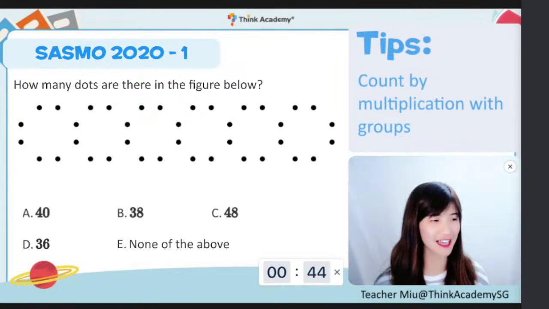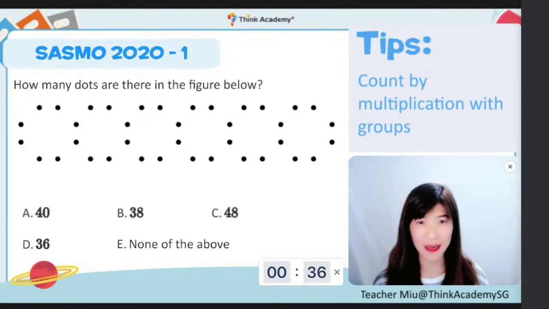Okay, currently I don't have any correct answer. Are you counting it one by one? We shouldn't count it one by one. There are so many dots here. Well done, dear. I got one correct answer. Excellent. Really? Seriously?